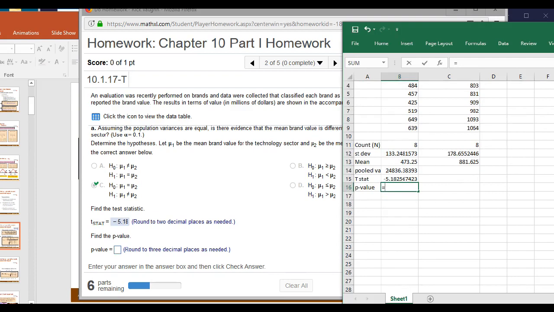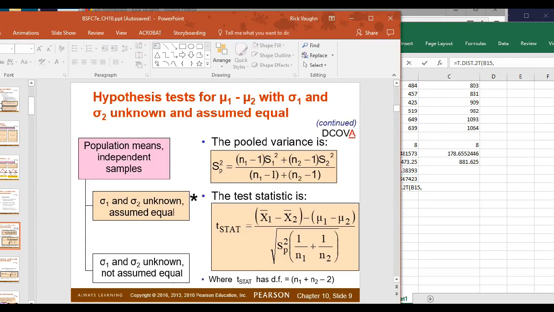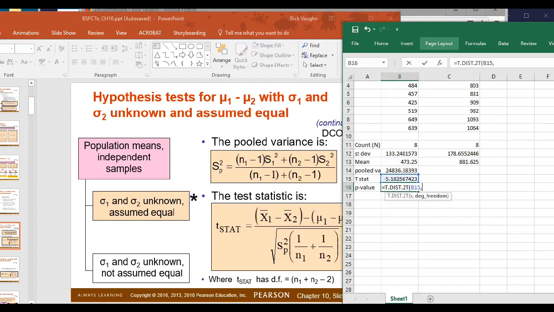So we'll do equals t.dist.2t, and we'll put in our t-stat into the first spot, and in the second spot, the degrees of freedom, if you remember from the slide, is n1 plus n2 minus 2. You could count this. 8 plus 8 is 16 minus 2 gives you 14, or you could program it with just the cells B11 plus C11 minus 2, close parentheses.